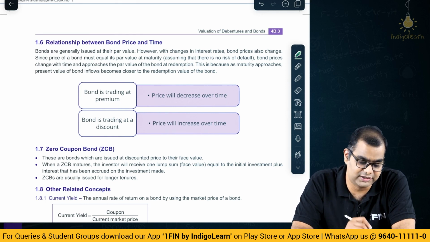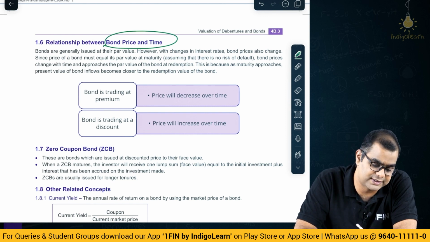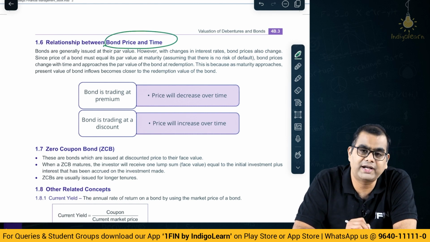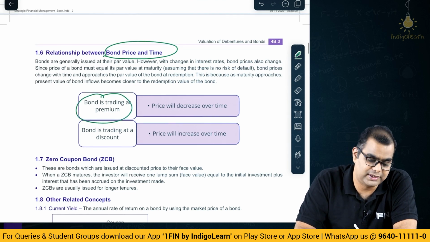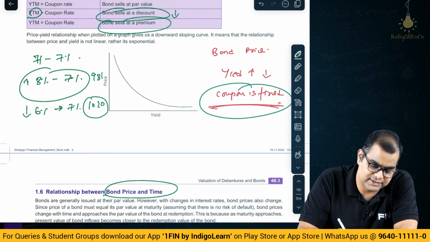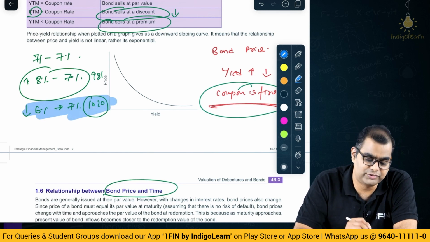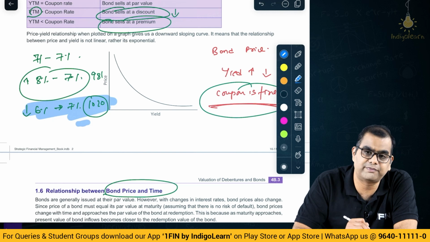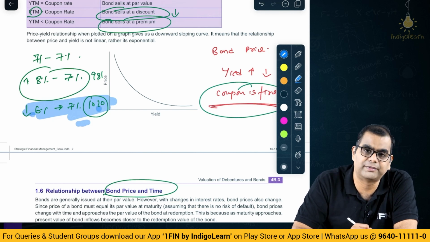Now, we have discussed the relationship between yield and bond price. However, there are certain other things also, relationship between time and bond price. What is this time and bond price? See, what happens is, if the bond is trading at a premium, in this particular case, because there are 2 years of maturity and yield has come down, bond price is going up.